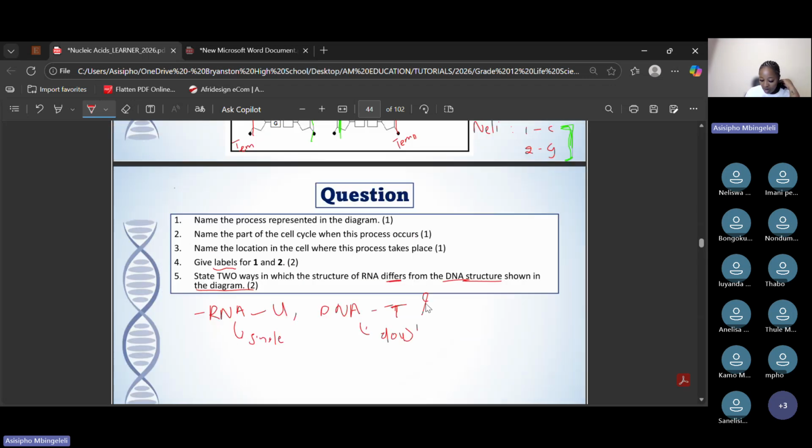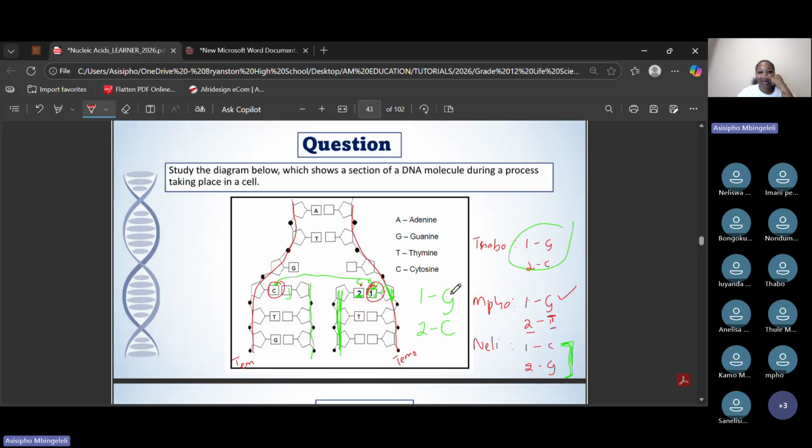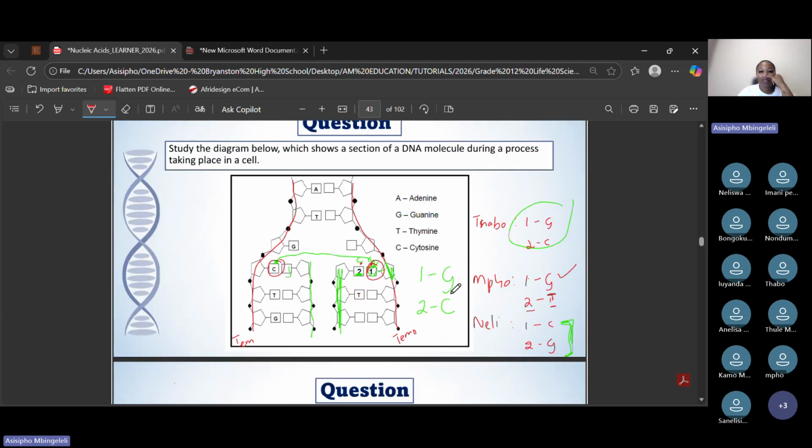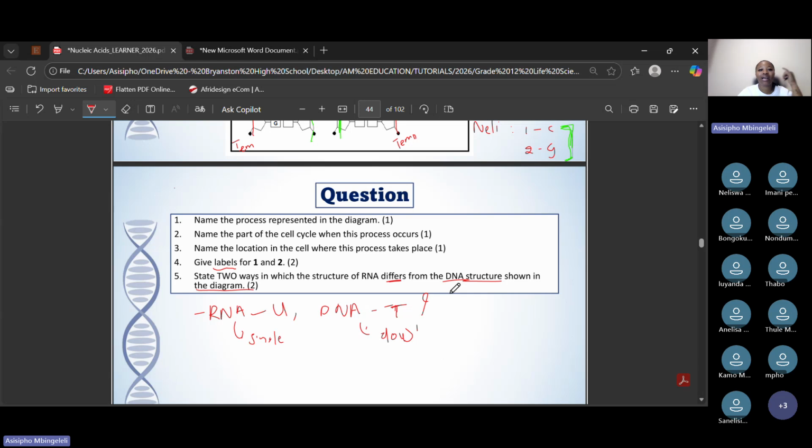I can't think of any other correct answer. If you mention the sugar, they might argue that you can't see that, because they're saying from the DNA structure shown in the diagram. So you cannot mention that DNA has a deoxyribose sugar and RNA has a ribose sugar, because that's not what we can see from the diagram.